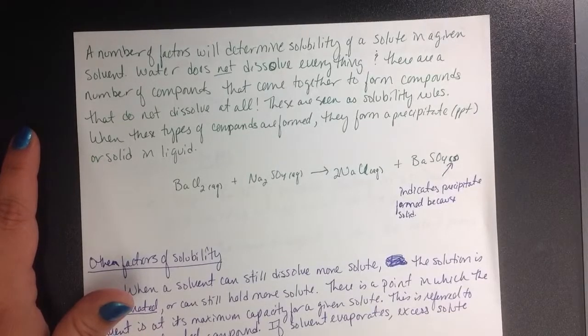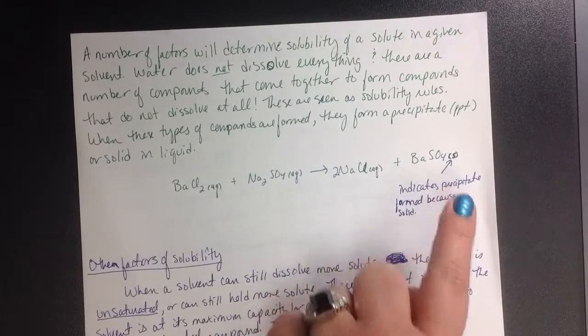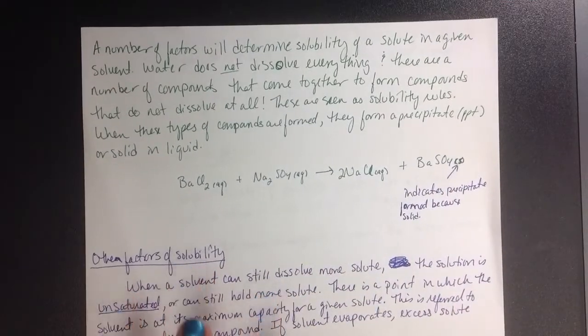It is coming out because it's a solid, and it simply does not dissolve well at all in water. This guy will, but this guy does not. That can happen sometimes, and there are certain compounds that are more prone to having things precipitate than others. Just know that that happens and what that is.